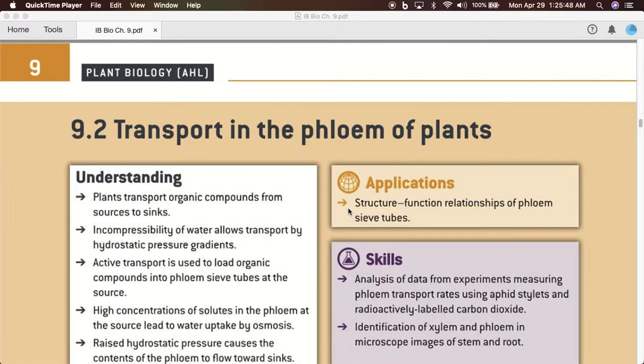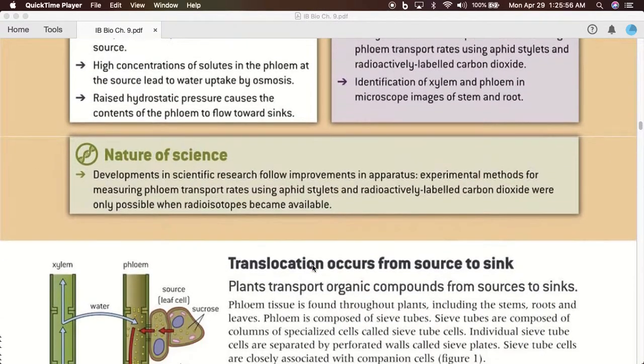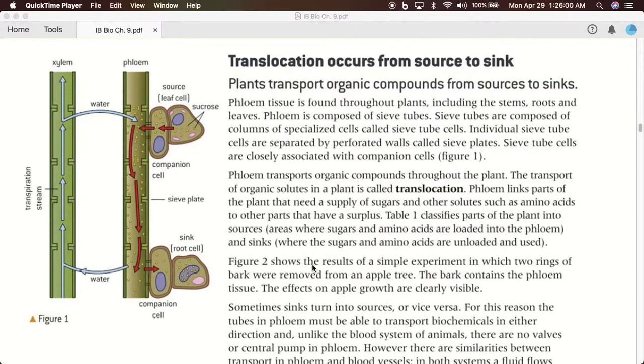Then we want to move on into 9.2, which is about the phloem. I think 9.1 is easier to understand, and the stuff in the phloem is a little bit more complex. The phloem is for the transport of nutrients. Particularly, we're going to talk about sucrose, which is a disaccharide sugar. And the xylem, as you know, transports water.